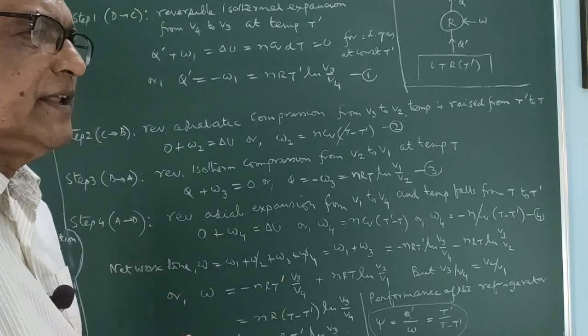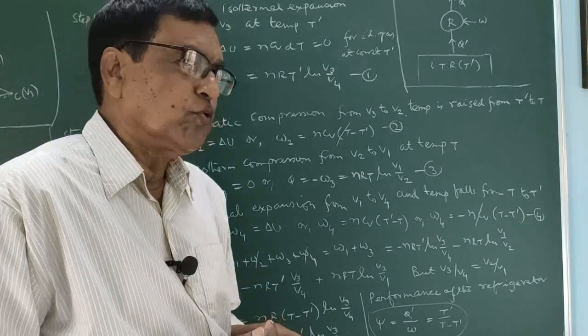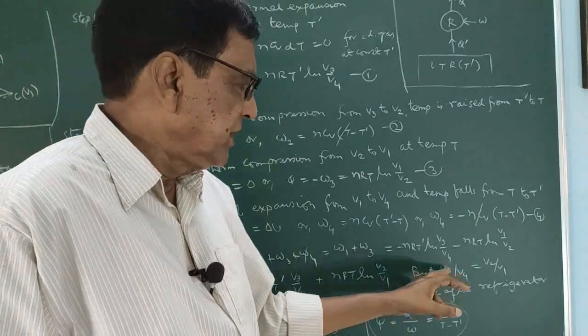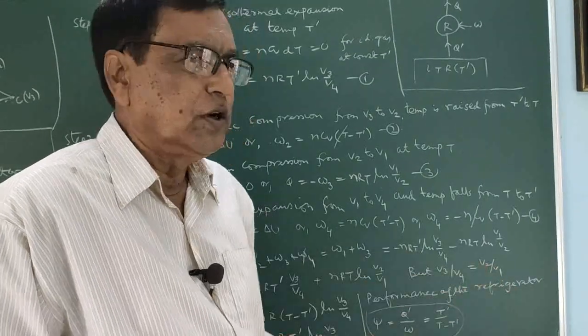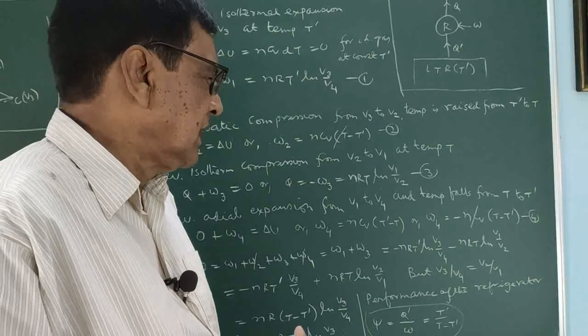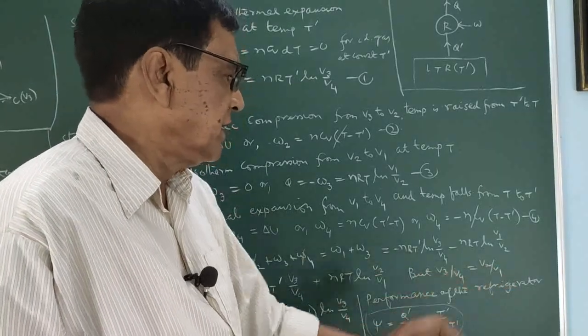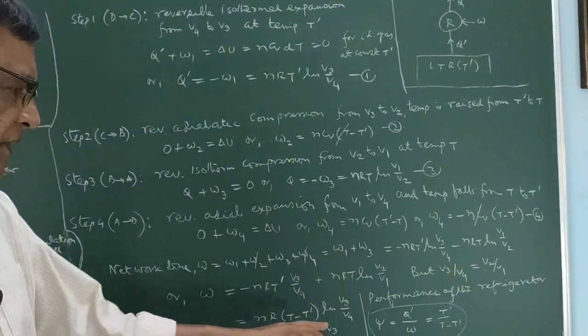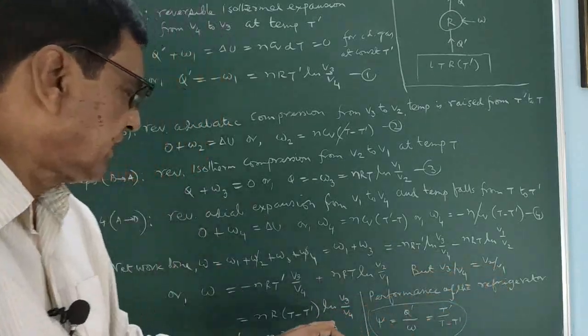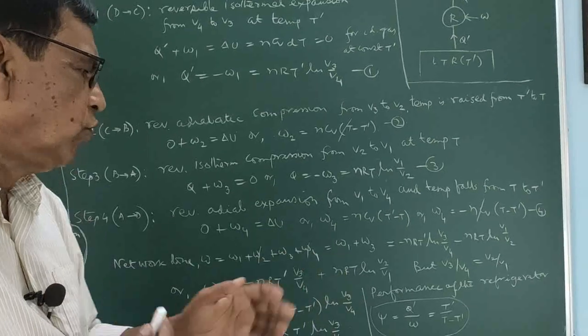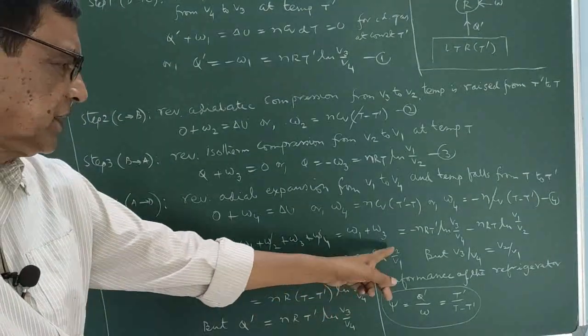But already in my last class I have shown that V3 by V4 equal to V2 by V1. These 4 volumes are connected, and this is the relation. So instead of V2 by V1, I can write here V3 by V4.